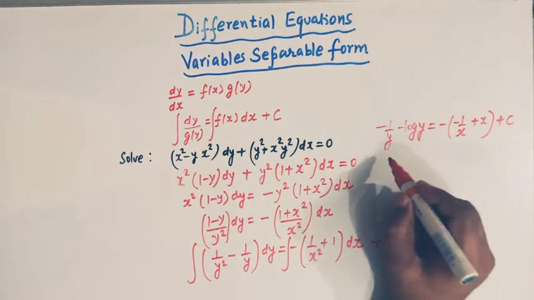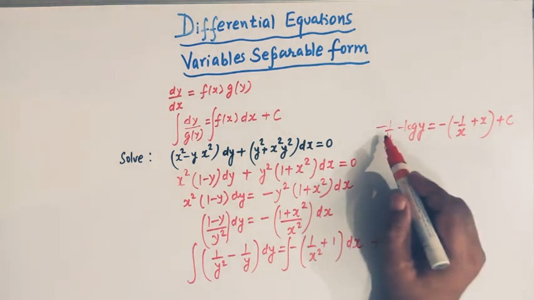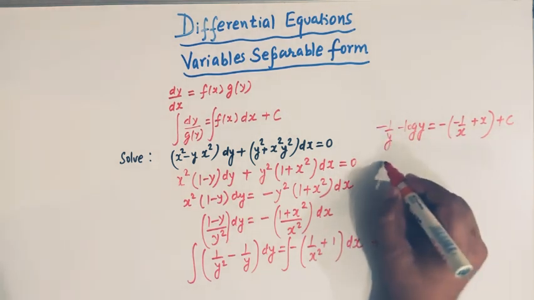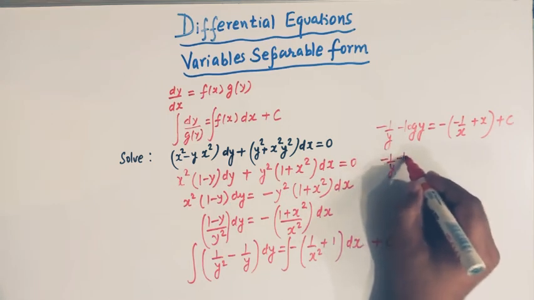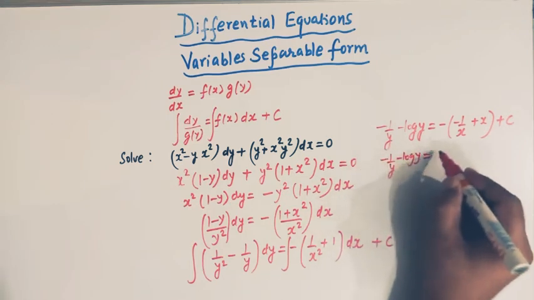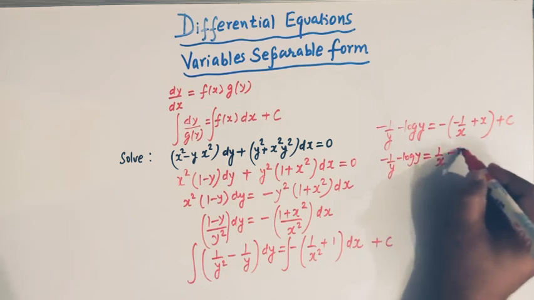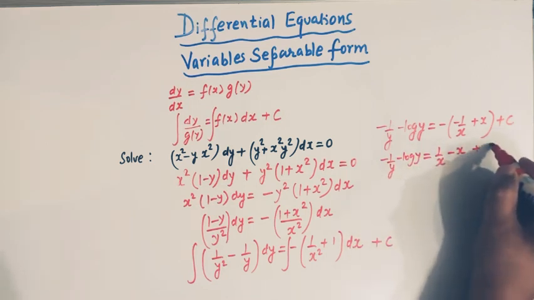Now this can be written as minus 1 over y minus log y, and this is minus 1 over x plus x plus c.